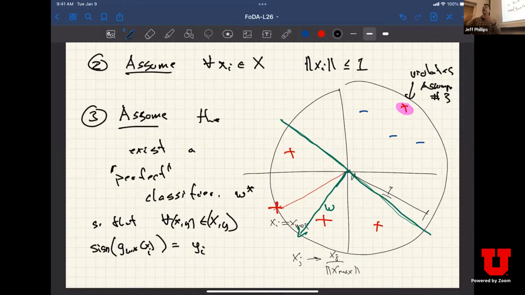If n is less than d, I can always find a perfect classifier. I have a lot of parameters I can choose, fewer than the number of data points, and it turns out I can always do it. And in practice, if n is, say, within a factor of 20 of d, you can often still find linear classifiers, as long as the dimensions are high.